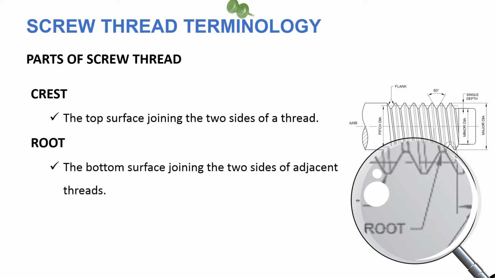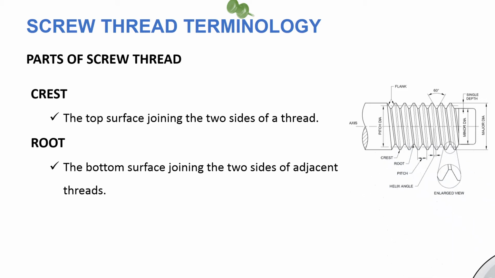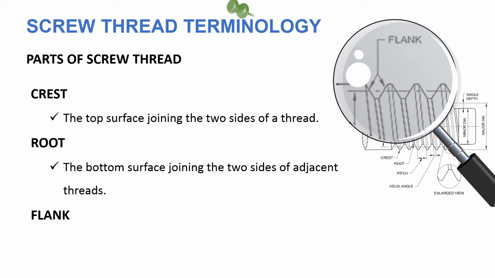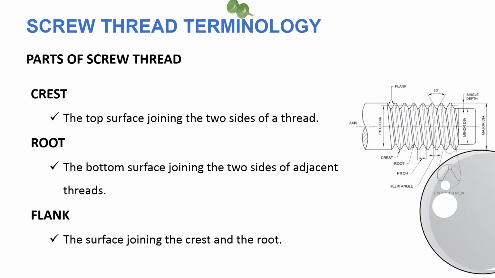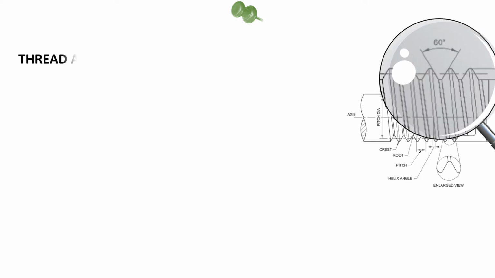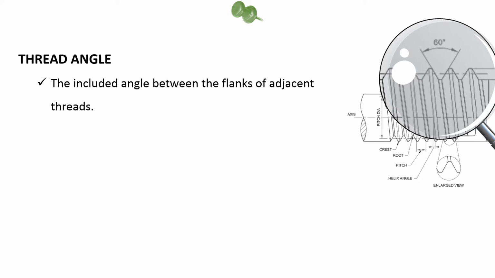The bottom surface joining the two sides of adjacent threads. Flank. The surface joining the crest and the root. Thread angle. The included angle between the flanks of adjacent threads.